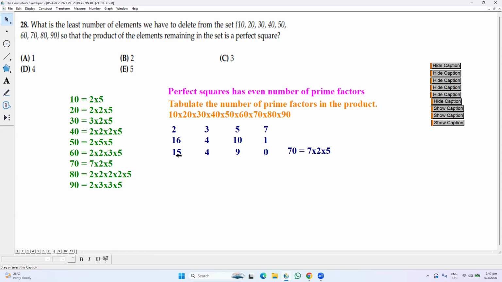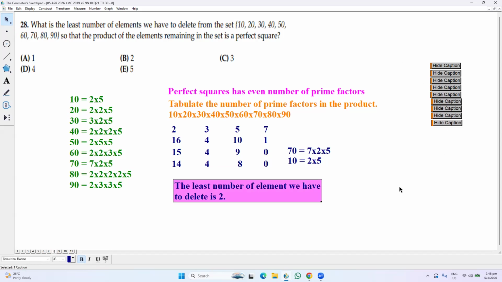So we must remove and make 15 become even and 9 become even. So remove 2 and 5, that is 10. Remove 10. So here will be 1 less, 1 less. Then it becomes 14, 4, 8, 0. Then 2 numbers removed already. So the least number of elements we have to remove is 2.